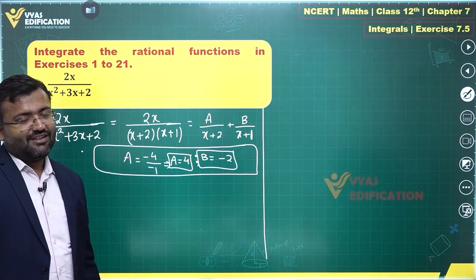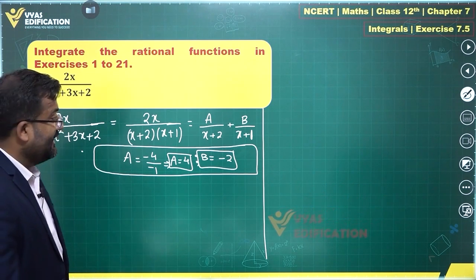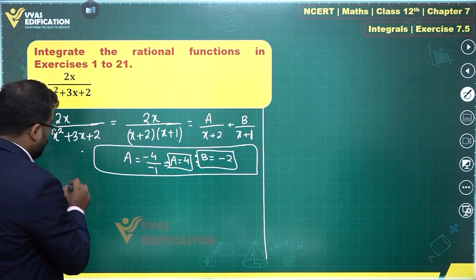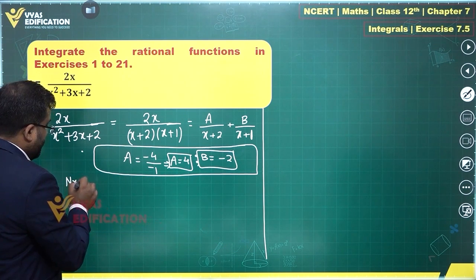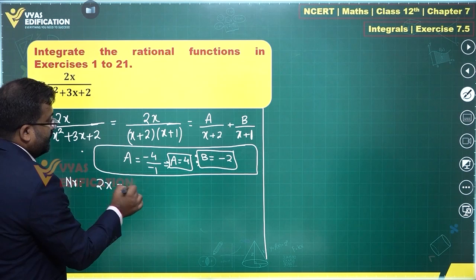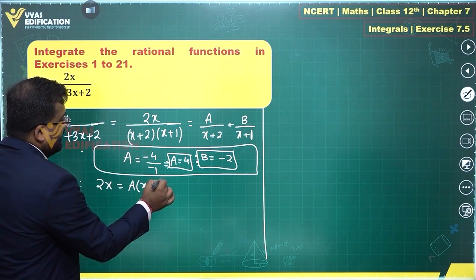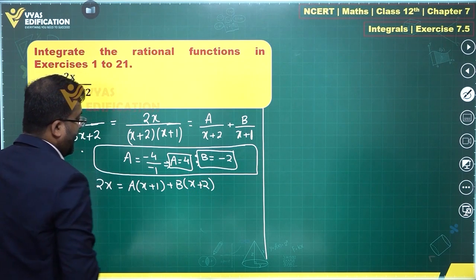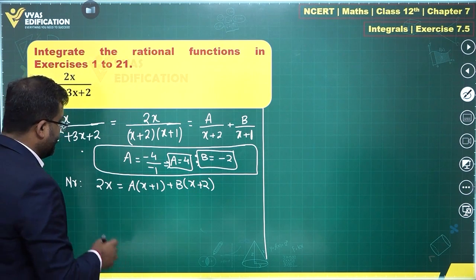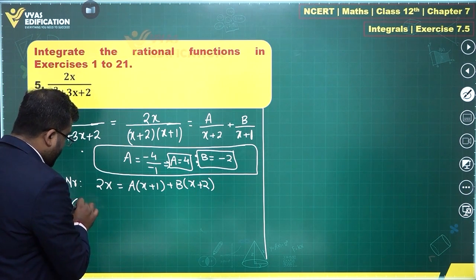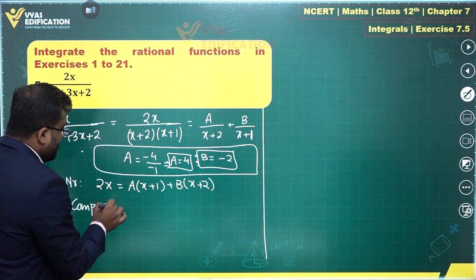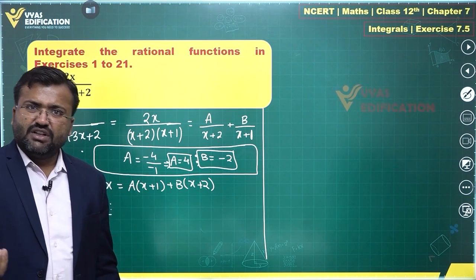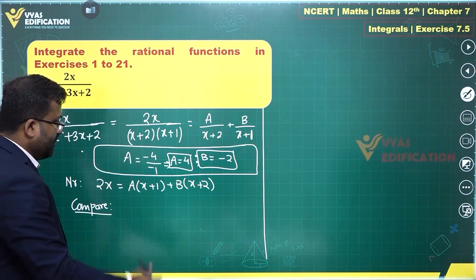Once again, for the board people, they are very lovely people, and they want you to solve using another approach. So, let's see the comparison with numerators. Throughout, 2x is equal to a times x plus 1 plus b times x plus 2 is what I have. Comparison tells me that coefficient, compare these two. On the right hand side, you have some term containing x and some constant term, right.